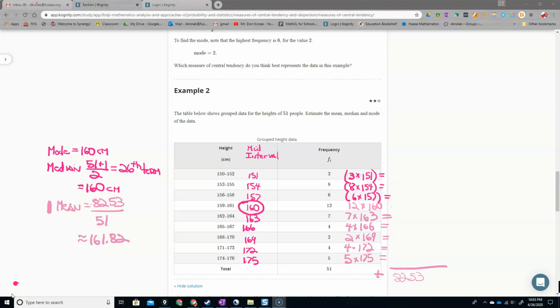So once you've multiplied all those out and added them up, you get 8253. There's 51 items. We divide that out and we get a mean, or an average height, of 161.82.